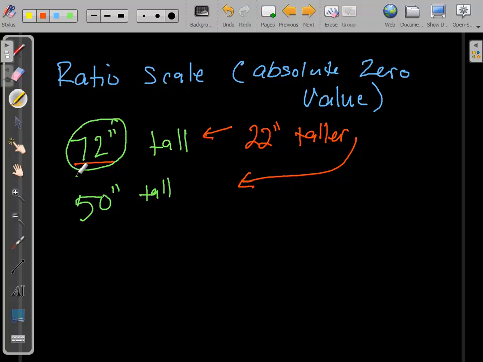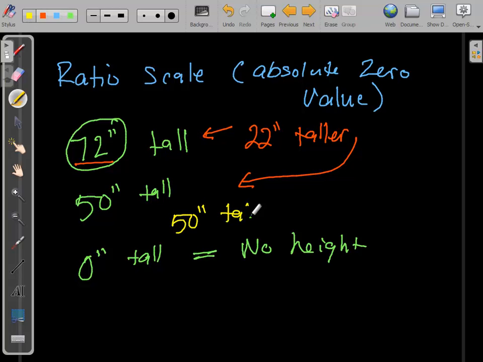And so with the ratio scale, we actually give the exact height or exact temperature or exact weight or whatever the thing we're measuring, we give the exact value, and we can have something be 0 inches tall, and now this equates to no height. If I had somebody else that was also 50 inches tall, this person is 0 inches taller, which is to say not that they don't have height, but that they are the same height.